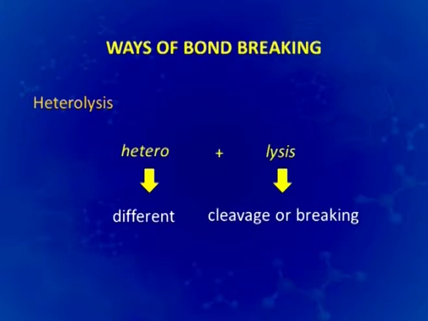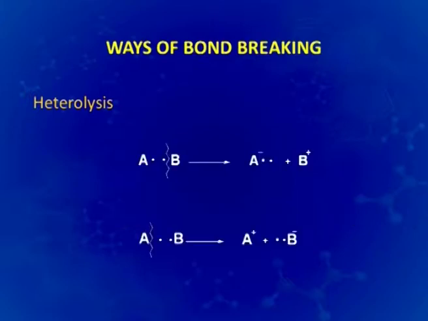What does that mean? Suppose we have a molecule with two atoms in it, A and B, both sharing an electron each in a covalent bond. As you can see here, the bond breaking is in a heterolytic fashion. That is, the bond is breaking in such a manner that both the electrons which were once shared by A and B get on to only the A atom.